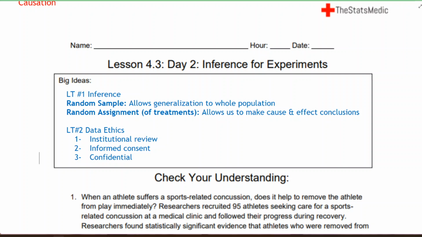Data ethics. We didn't touch on this, but there are some ethical things involved whenever we do an experiment. So first of all, there has to be institutional review. If we're doing an actual experiment and we want it to be recognized as good science, we need to turn our results and our methods over to an institution.